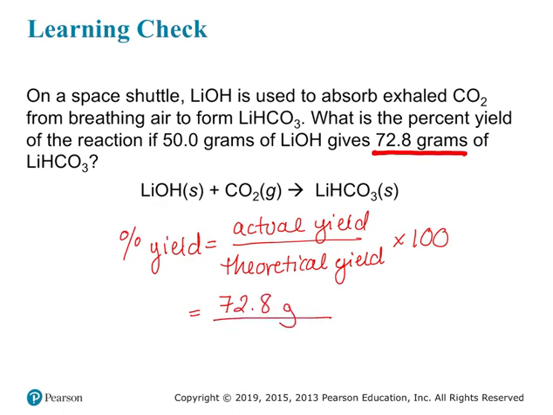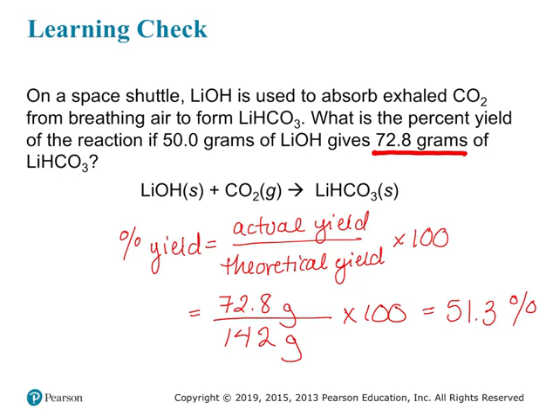And we're going to divide that by what we just calculated, which was 142 grams. And then we'll multiply by 100. All right, so 72.8 divided by 142 is 0.5126, etc. But let's multiply that by 100, and we get 51 point, I'm going to round it, 3%.